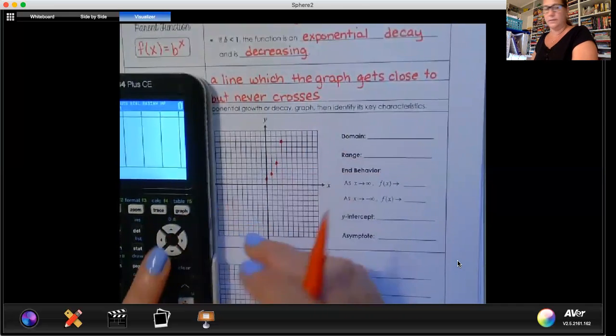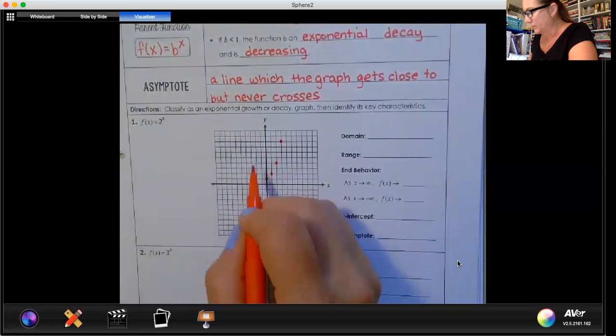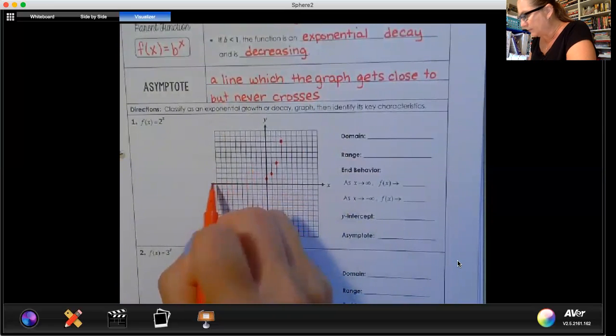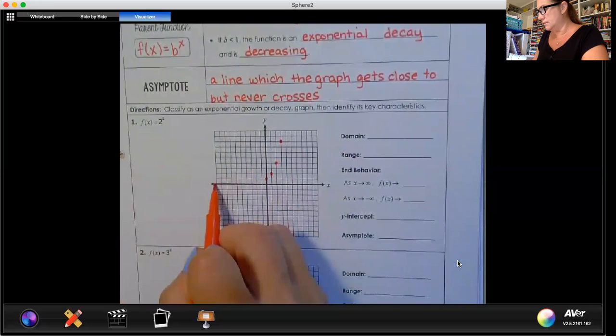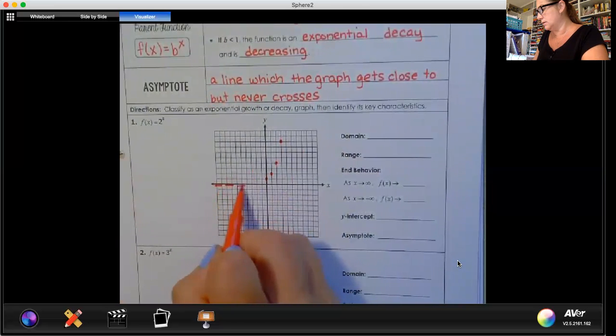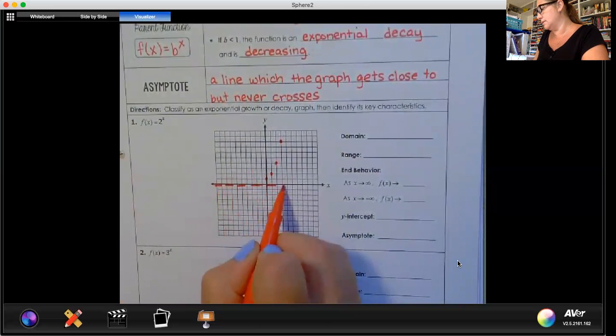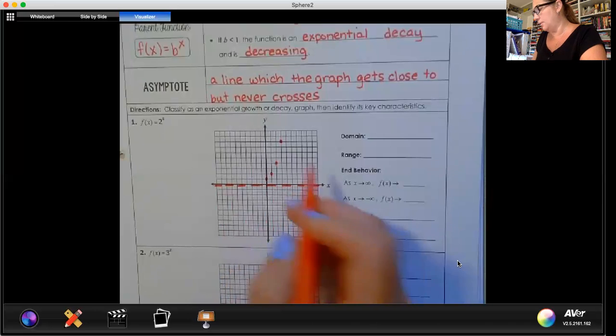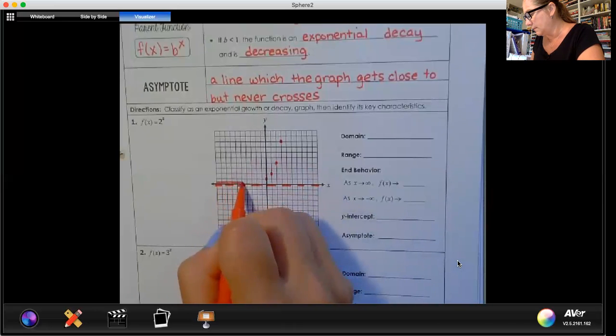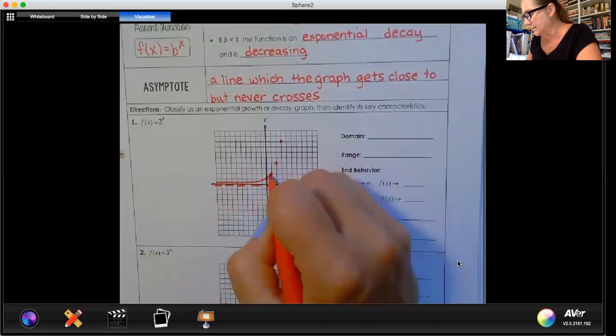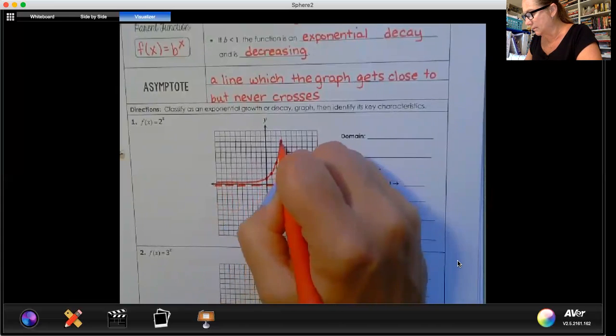And then below 0, it's just really, really small. So our asymptote is our x-axis. And you need your asymptote as part of your graph. And when you draw your graph, try your best not to touch or cross that asymptote.